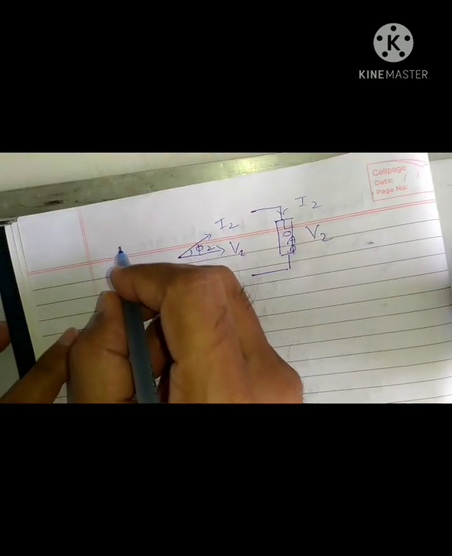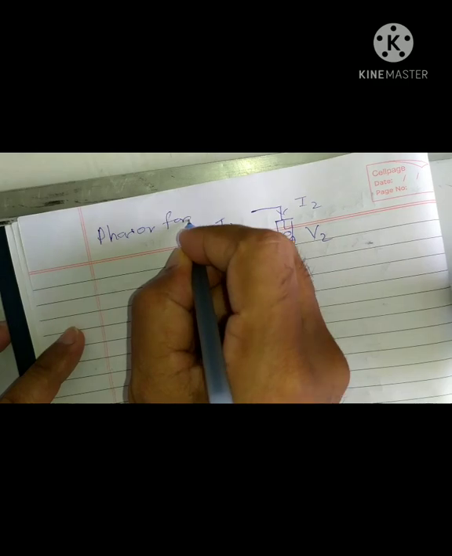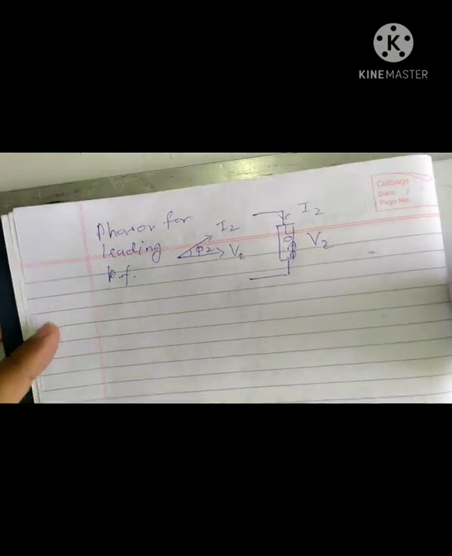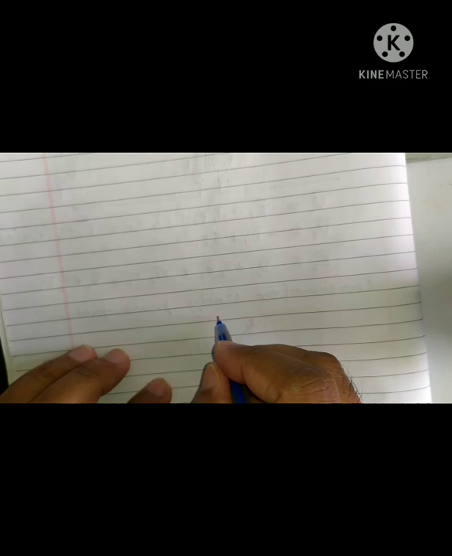So let us draw, and we are drawing the phasor for leading power factor. So we have phi here.